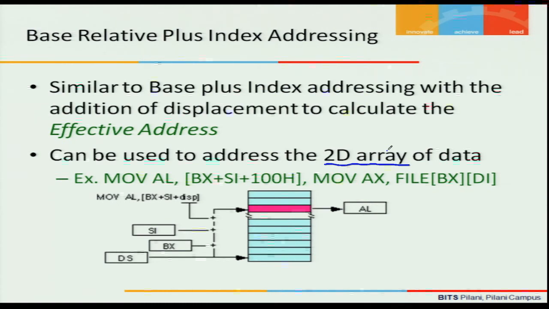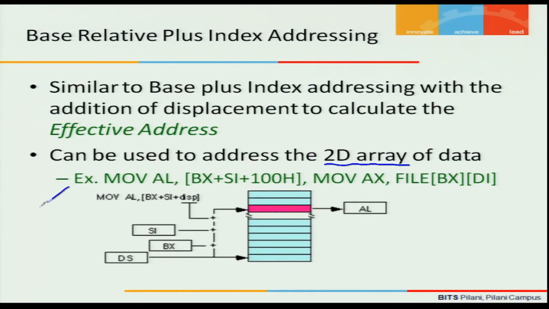So you could address a particular element in an array, or you could address consecutive elements in the array. So it was a single dimensional array that we were talking about. Suppose that the data structure with which you are dealing is a 2-dimensional array. Then how do you access elements from within this two-dimensional array? The way would be to use the base relative plus index addressing.